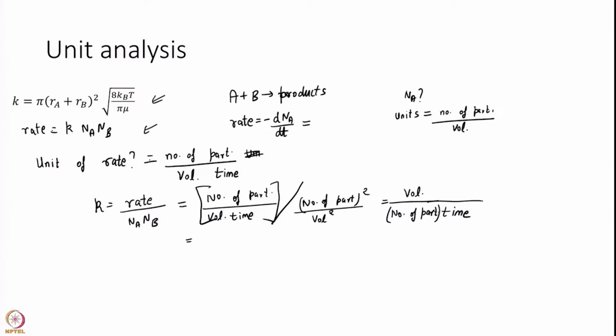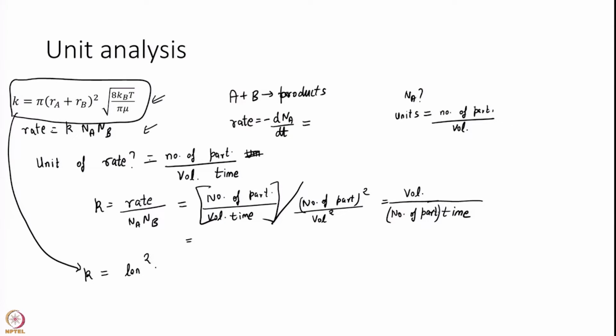So, let us see the rate constant that I have got here. How does that look like? Our k has the dimensions of, pi does not have any dimension. So, I am looking at this equation now. Ra plus Rb squared has dimensions of length squared, and this thing is nothing but speed, and speed is length divided by time.